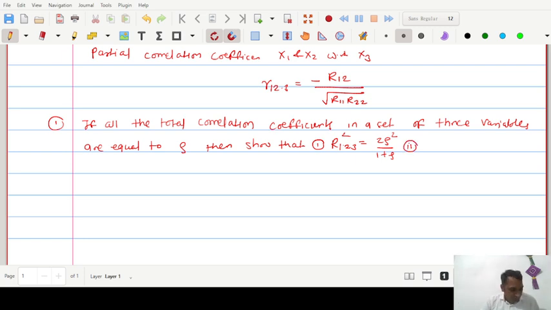Number 2, the partial correlation coefficient r12.3 is equal to rho upon 1 plus rho.